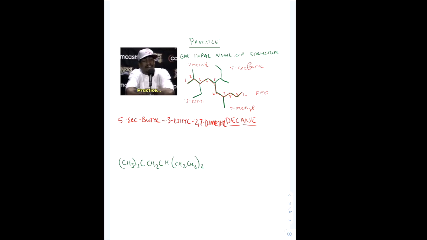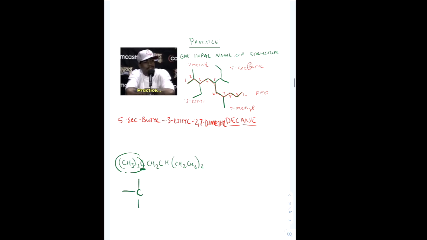All right. Now, this one's a little bit more, not more difficult, but just different, because we have to be able to figure out the actual three-dimensional structure. So I'll draw this carbon first, because it looks like it's got a lot of methyls on it.